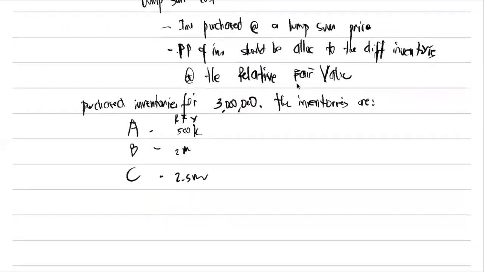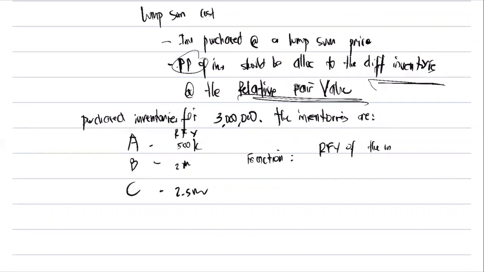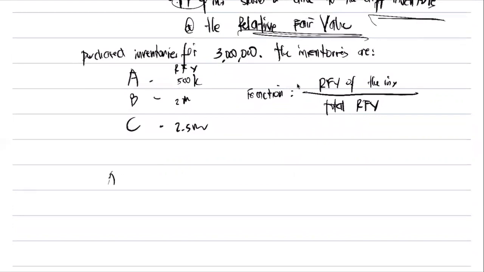Okay, so how should we allocate it? We allocate the purchase price to the inventories at relative fair value. So we need to get a fraction. Sir, what is that fraction? That is the relative fair value of the inventory divided by the total relative fair value. The amount to be allocated is 3 million.